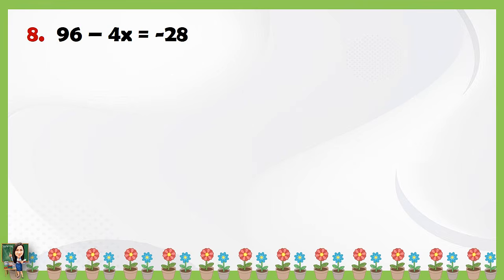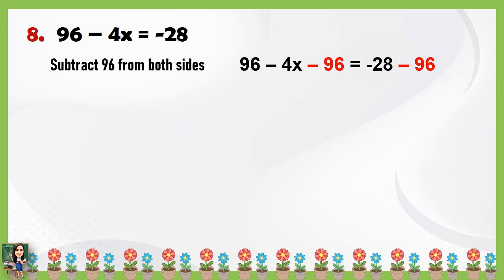Number 8. 96 minus 4x equals negative 28. Subtract 96 from both sides. That is 96 minus 4x minus 96 equals negative 28 minus 96. Positive 96 minus 96 equals 0. The remaining is negative 4x.